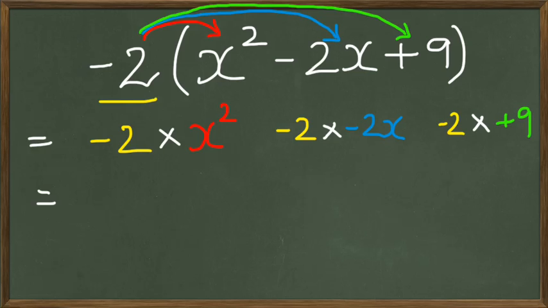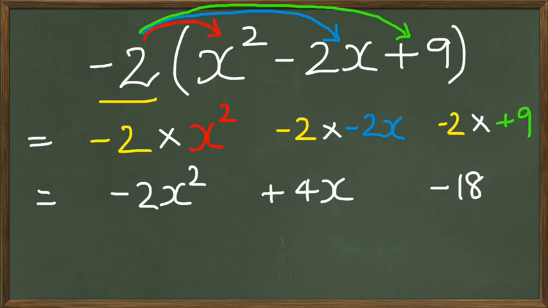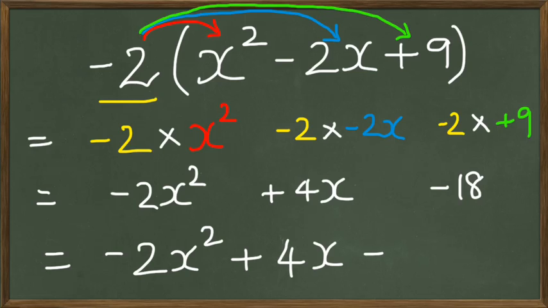And so the answers are going to be here, negative 2x squared. Minus 2 and minus 2 makes it positive 4, so plus 4x. Minus 2 times plus 9 would be minus 18. So the answer is minus 2x squared plus 4x minus 18.